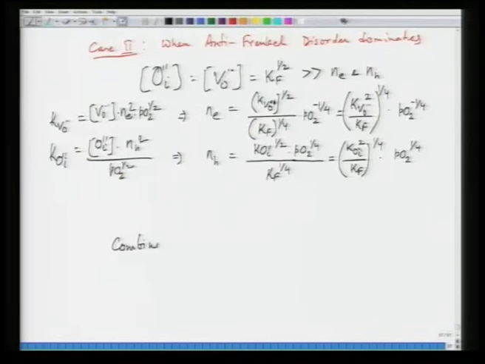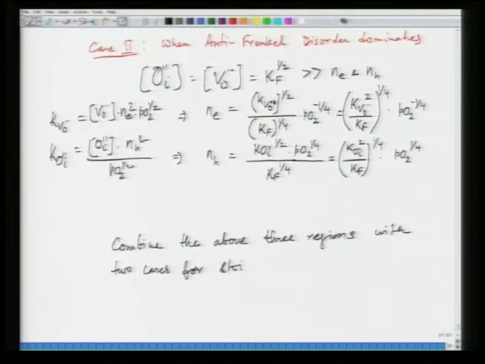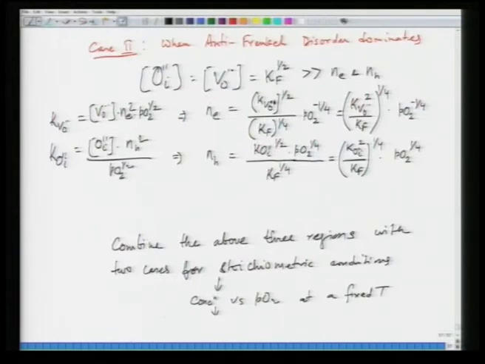So, now combine the above 3 regions with 2 cases for stoichiometric condition, and this will give rise to concentration versus PO2 diagram at a fixed temperature, and this will give you what are called Brouwer diagrams.